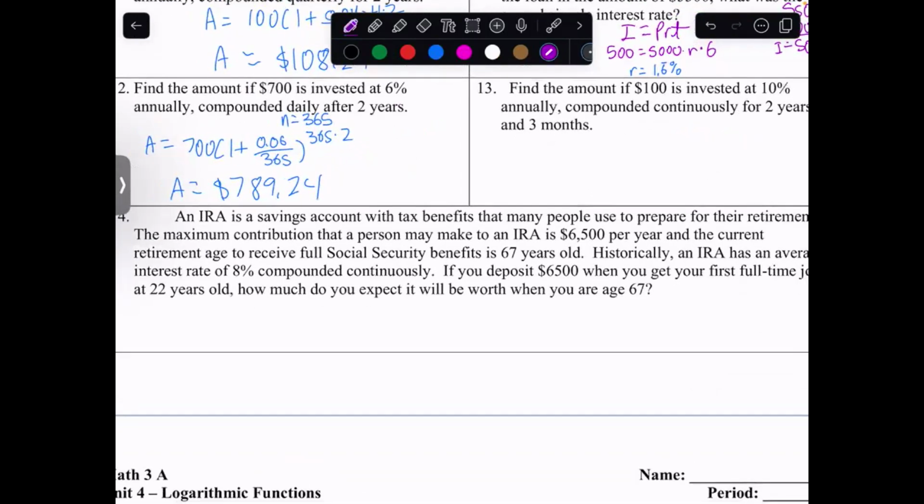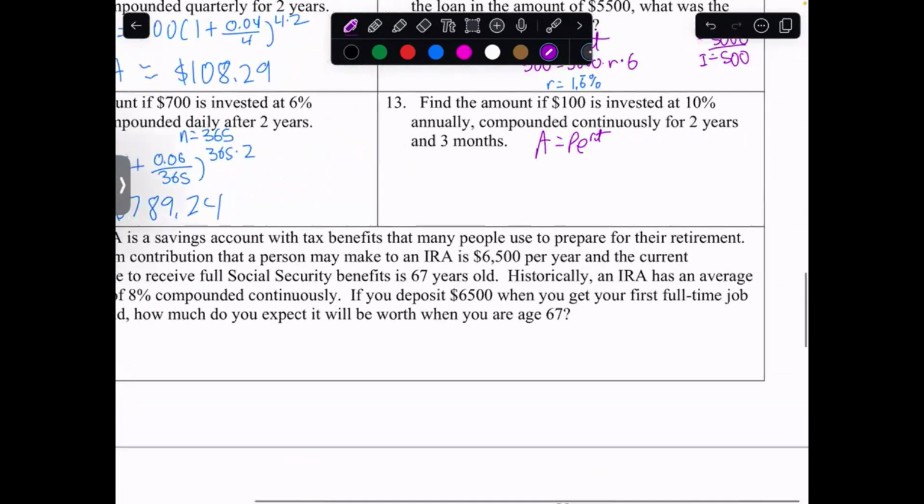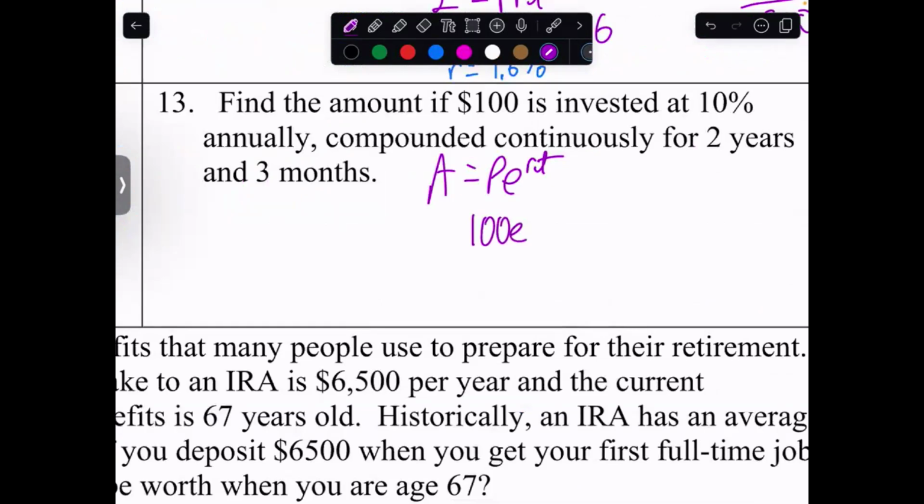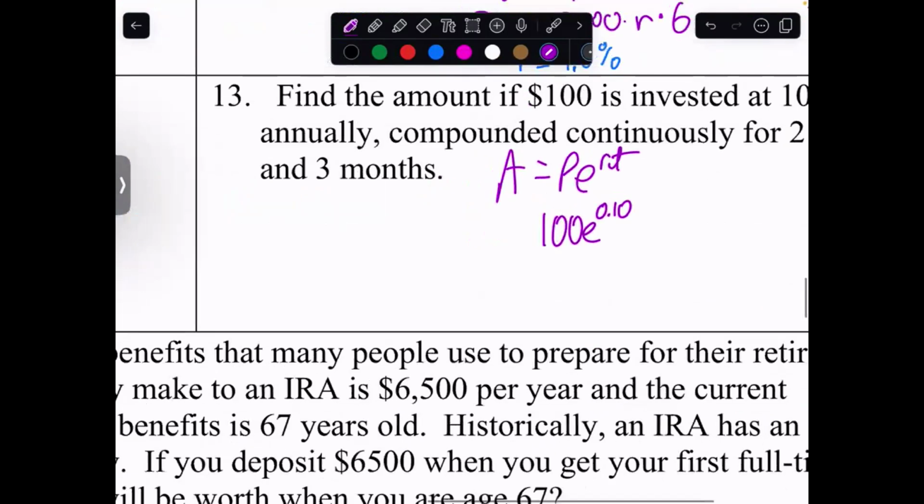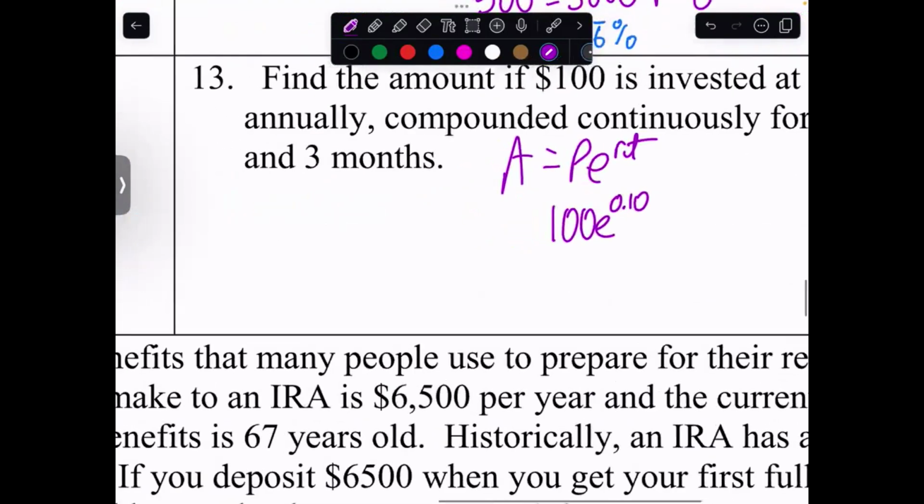Okay, and this last one we see the continuously, so we know it's the PERT formula. The principal is 100. The interest rate is 10%. But the time, 2 years and 3 months.